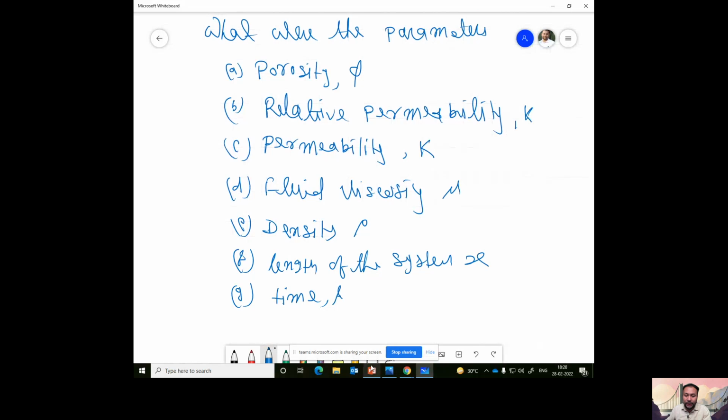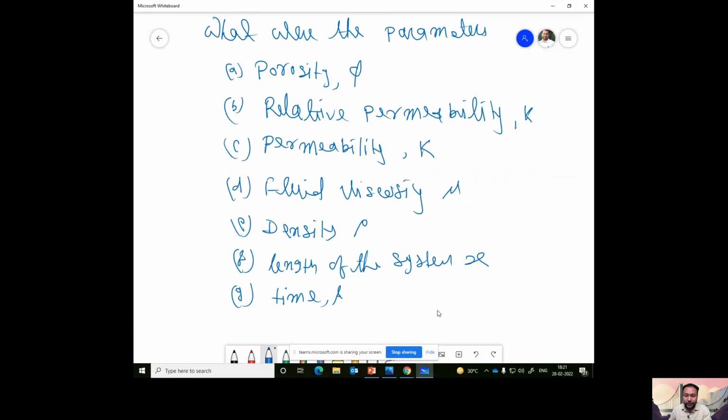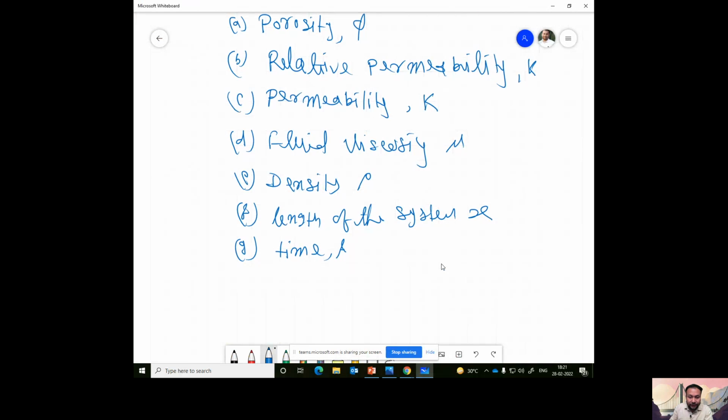Again, I forgot to mention here, S is the saturation. It may be water saturation or gas saturation. So total 8 parameters we have considered in our model.